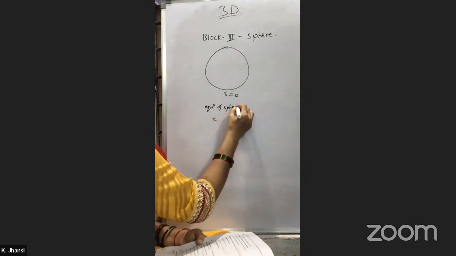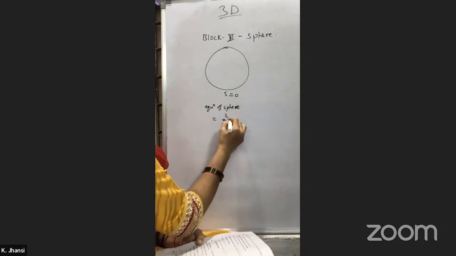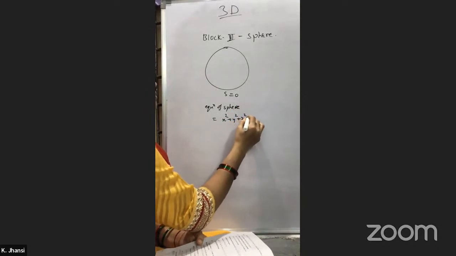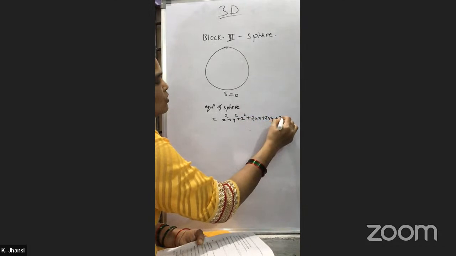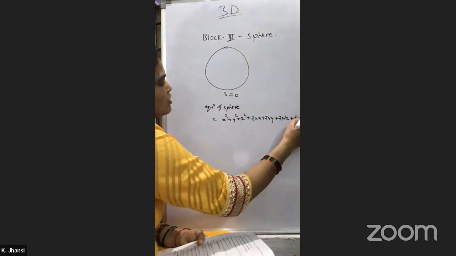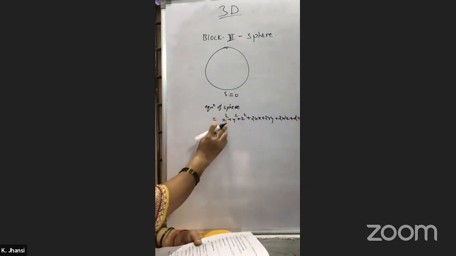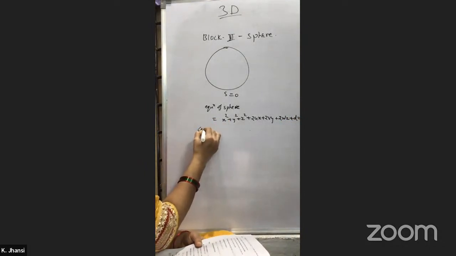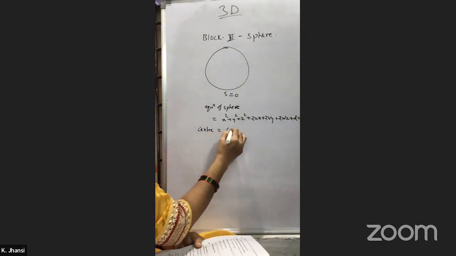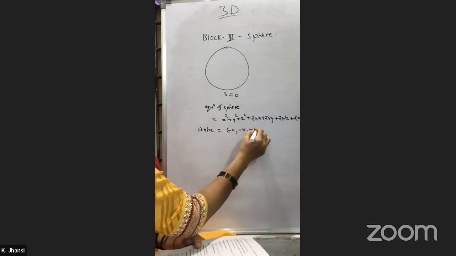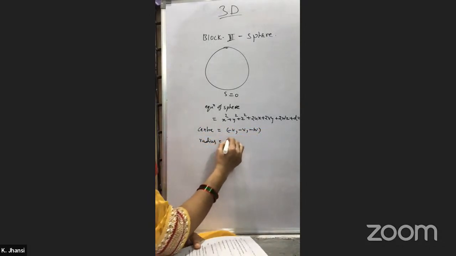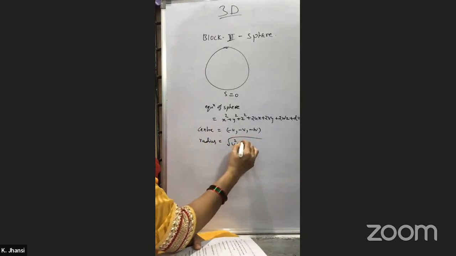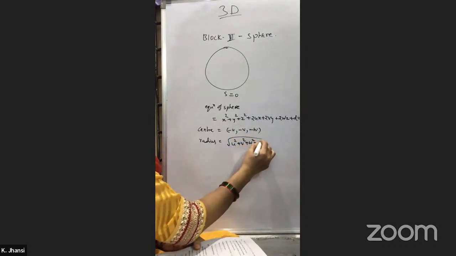It is x square plus y square plus z square plus 2ux plus 2vy plus 2wz plus d equals 0. This is the equation of the sphere, and the center for this one is (minus u, minus v, minus w). And the radius of this sphere is the square root of u square plus v square plus w square minus d.